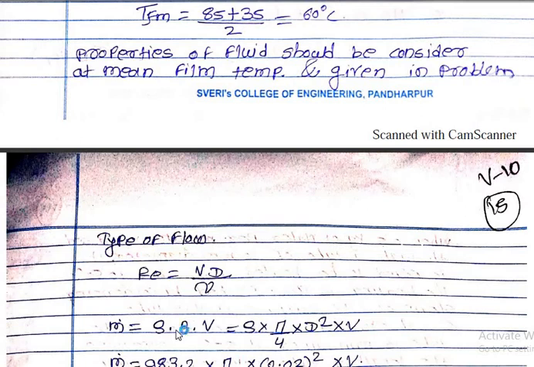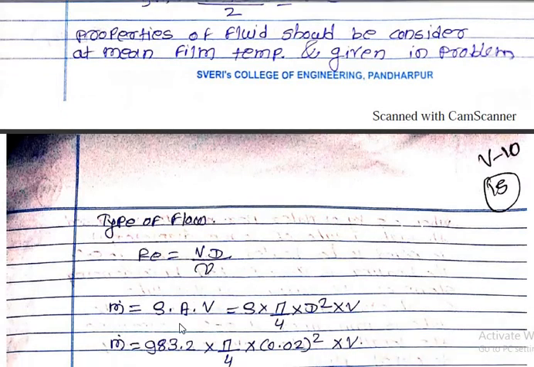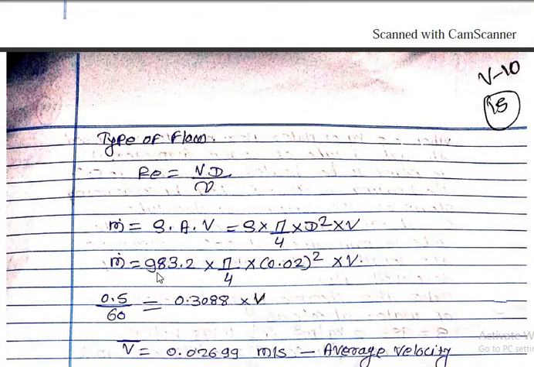The mass flow rate formula is mass flow rate equal to density multiplied by area multiplied by velocity, where this area is the cross sectional area. So rho multiplied by pi by 4 multiplied by d square multiplied by velocity. Mass flow rate will be given as 983.2 multiplied by pi by 4 multiplied by 0.02 bracket square multiplied by velocity.